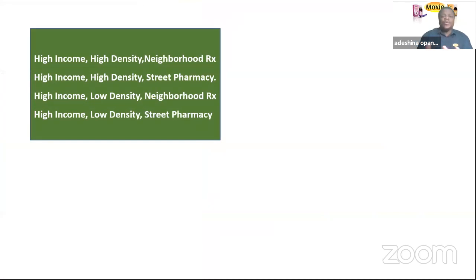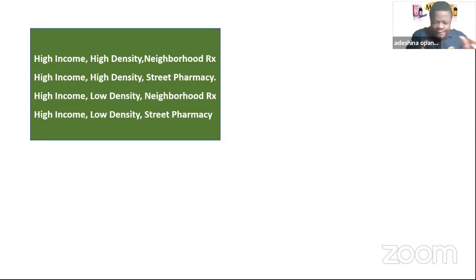The first 4 are based on high income areas. The first one is a high income, high density neighborhood or residential pharmacy. Second is high income, high density street pharmacy. Third is high income, low density neighborhood pharmacy, and then high income, low density street pharmacy.